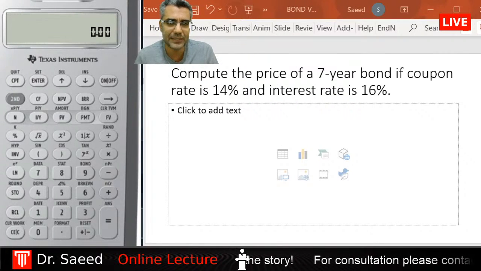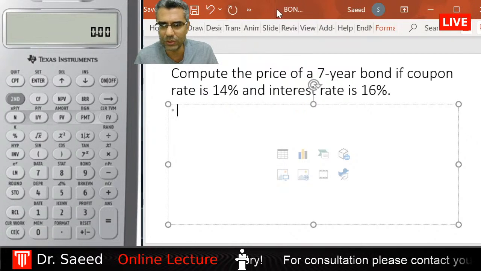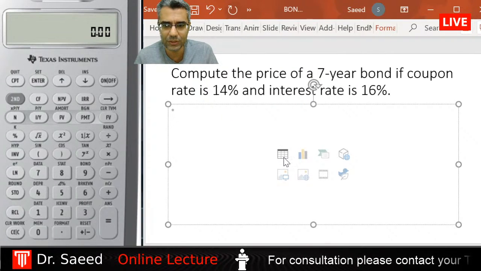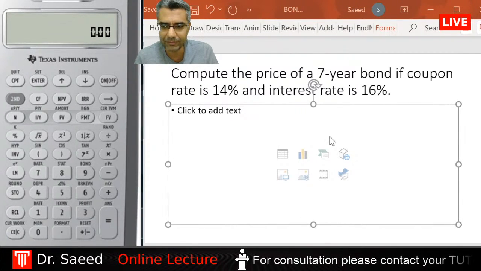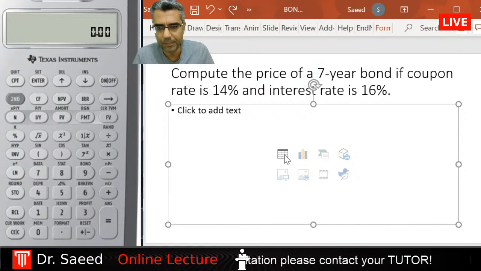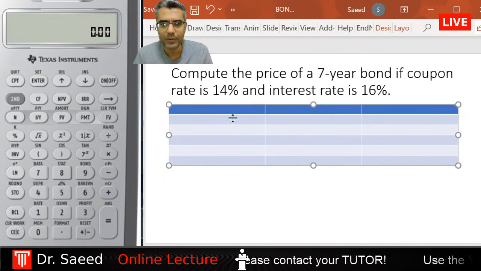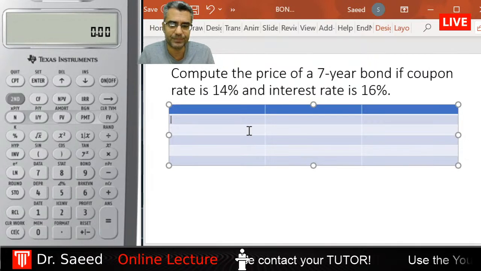Now, how to answer this question? You remember I said for bond calculation, you have five parameters. What are the five parameters?